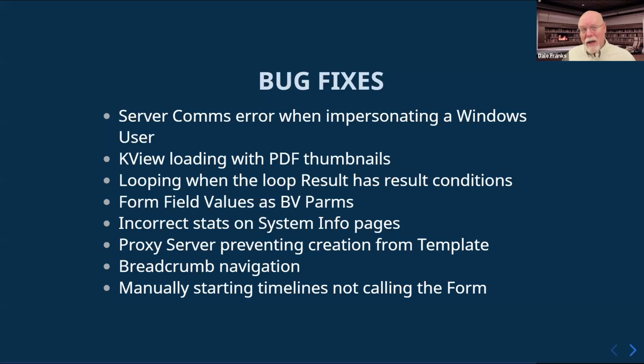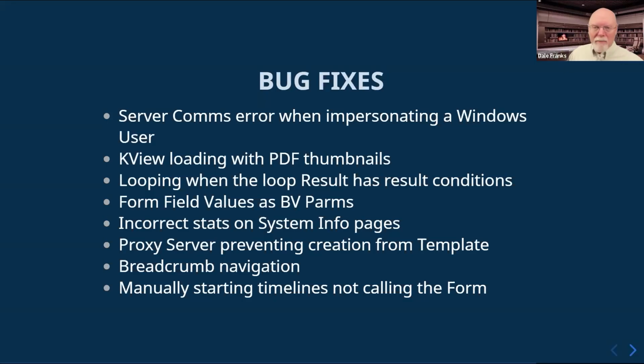But what happens if your resubmit button has its own conditions, like select this result when, and if it meets a condition, it automatically selects the result. Well, it was automatically selecting the result, but that automatic result selection was short-circuiting the looping condition evaluation.